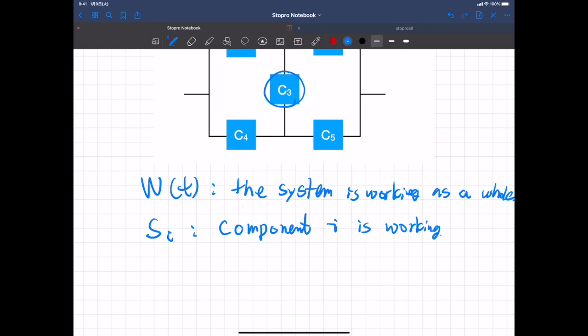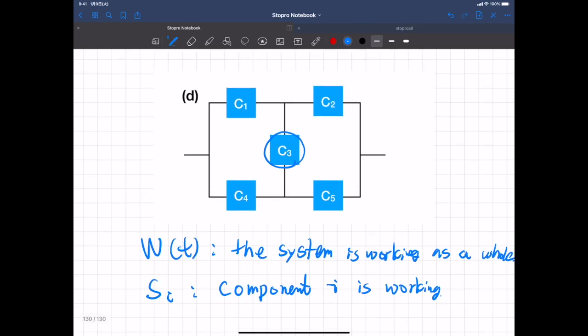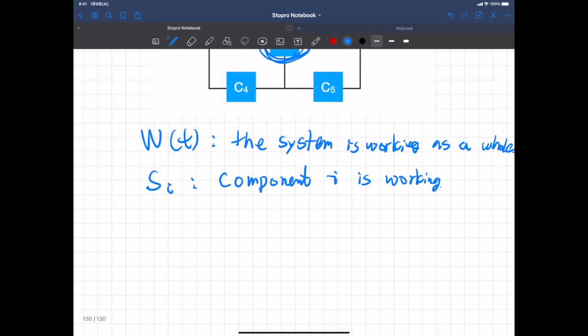So we use the partition theorem based on the state of this component C3. If C3 is working, then what is the probability that the entire system is working? This is the conditional probability that the system is working at time t, given that component 3 is working.